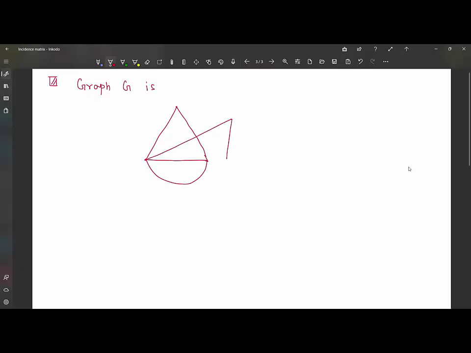Here you can see this is one component, and we are taking another part as another disconnected component. So here this is V1 suppose, and this is V2. Take this as V3, this as V4, this as V5, and this as V6, V7.